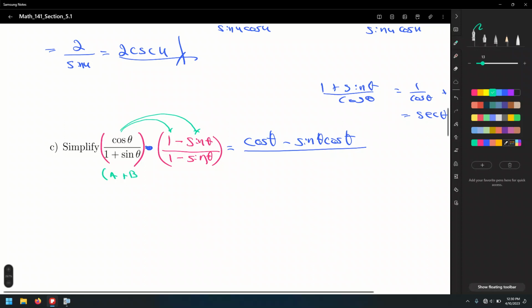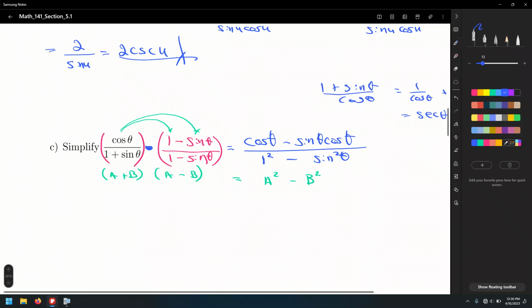A plus b times a minus b, which is the factor form of a difference of squares. That's going to give us something squared minus another something squared. And those somethings are going to be 1 squared minus sine squared. Alright?